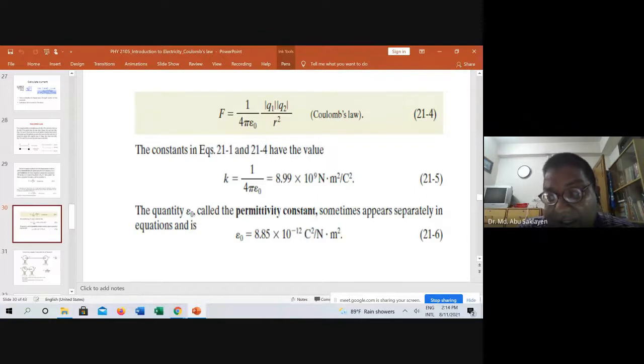This is the capacitance. That means when you place a charge in space, there will be some... What is the physical meaning of permittivity?